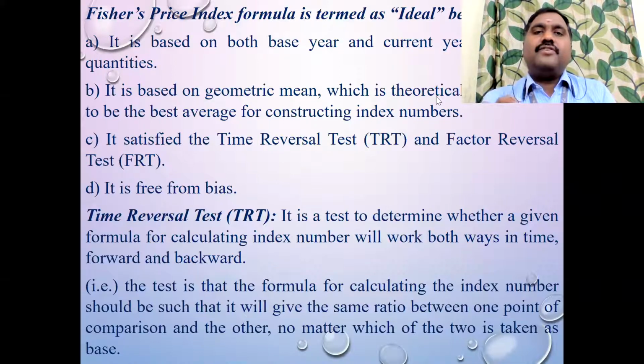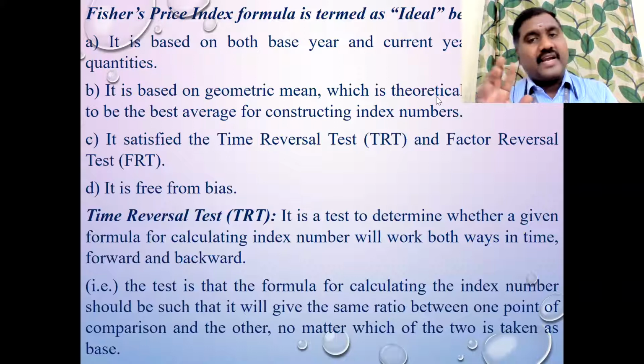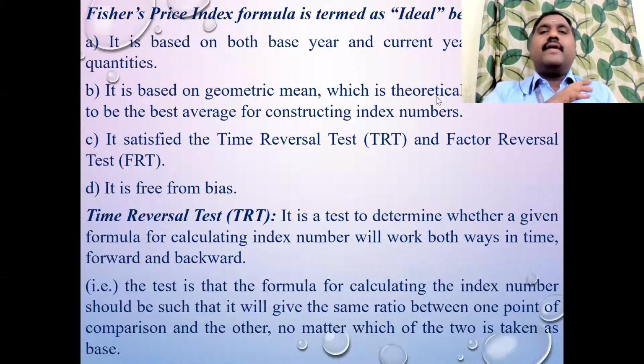In the Laspeyres method, along with the price values for the current and base year, they will include only the quantity of the base year, Q0. In the Paasche method, they will include only the quantity of the current year. Whereas the Fisher method includes the price and quantity of both the base and current year.